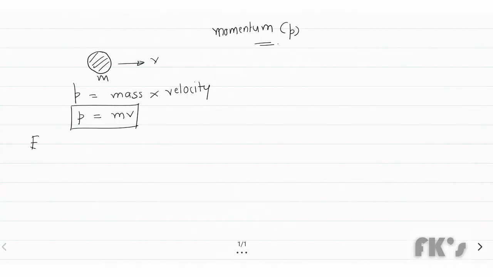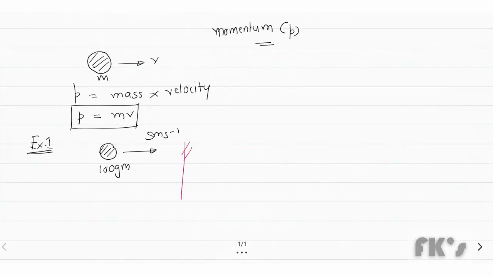Let's have an example before I delve more into momentum. Let me assume that I have a ball of 100 grams. It is moving to my right with a velocity of 5 meters per second.